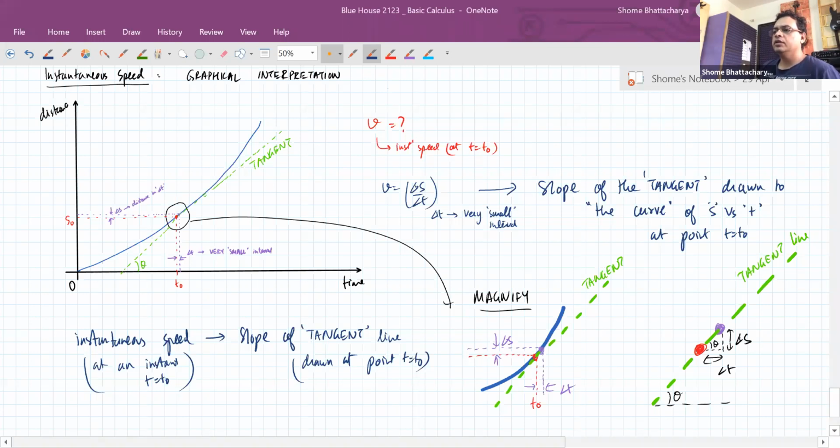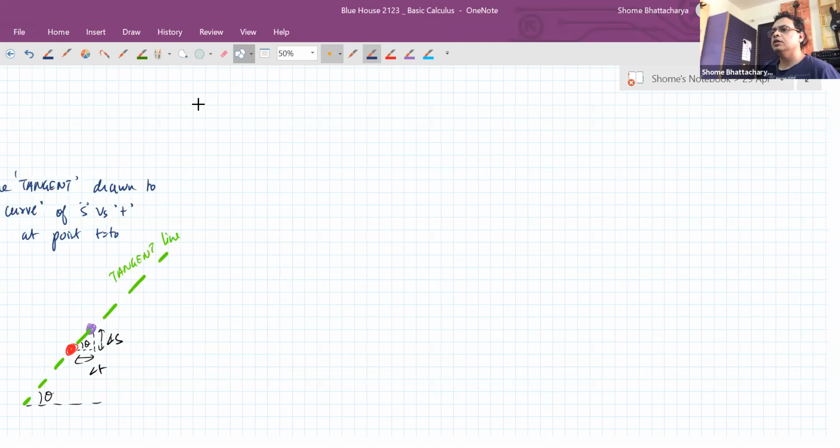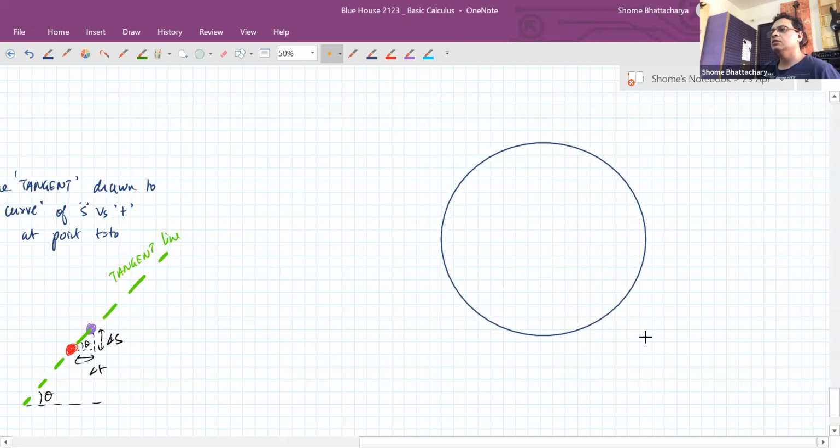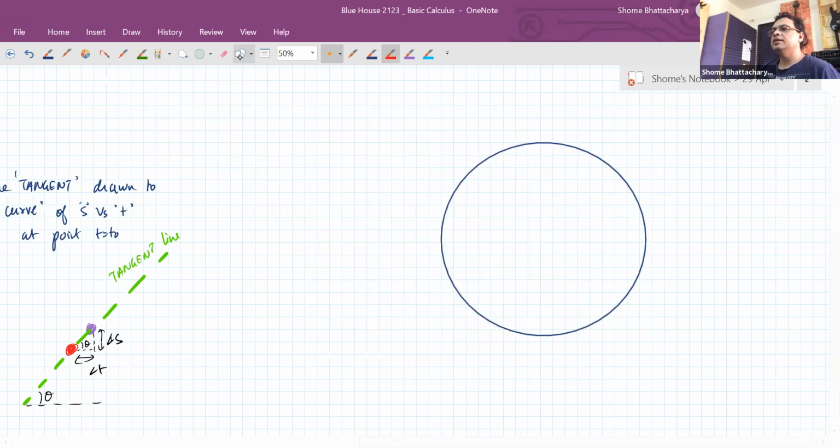Yes, sir. Okay. So just to give you another abstract example, suppose we are talking about the geometry of a circle. Any line that we draw such that it's cutting two distinct points is basically what we call the chord of a circle.